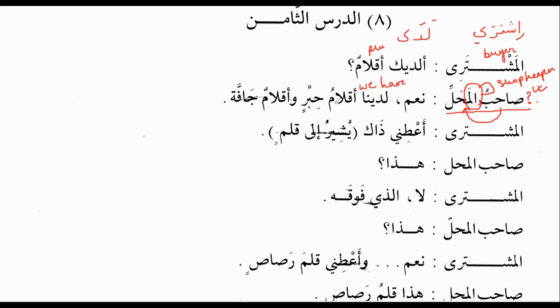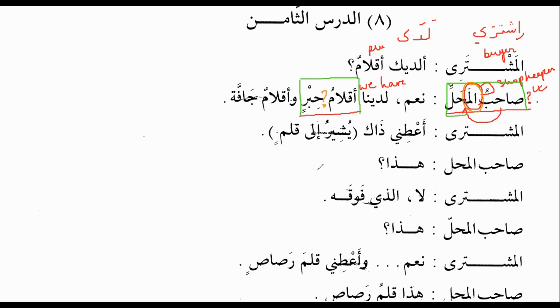So this is also an idafa. But what is the difference between the two idafas? This is the second idafa, aqlamu hibrin, and this is the first idafa. And what can you see as the difference between the two? The difference between the two is the presence of lam tarif here and the absence of lam tarif here.